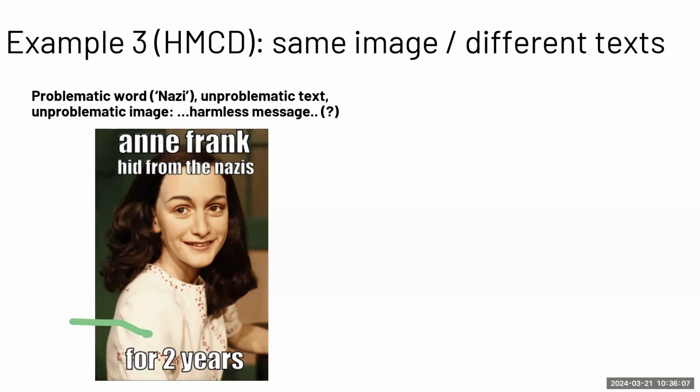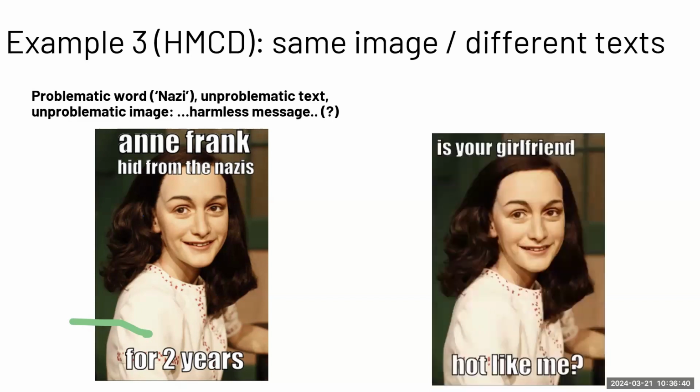So this is a very famous icon of the Nazi hate. But here the message is harmless because this is a benign confounder developed by the Facebook AI group. But this is interesting because this meme here would be considered hateful because of the word Nazi, so that would be flagged by AI systems.